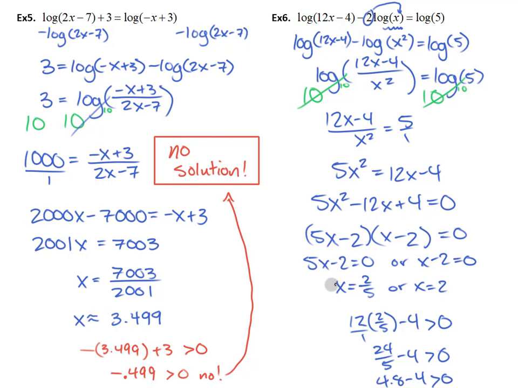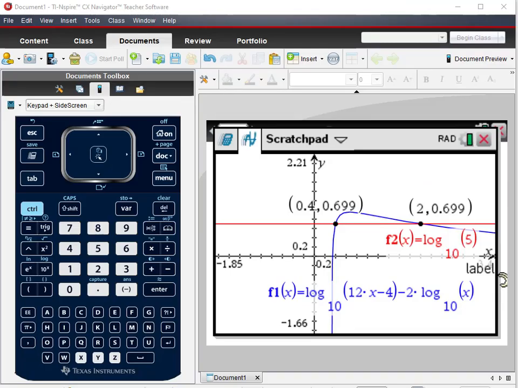And of course, I could check with the calculator just to make sure that these do make these two things equal. If we were to graph the left-hand side and graph the right-hand side, these intersect each other twice. And the two x values of those points of intersection are positive 0.4 and positive 2. So here you go as a quick visualization here at the end.